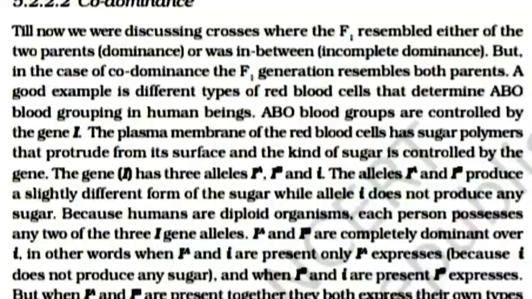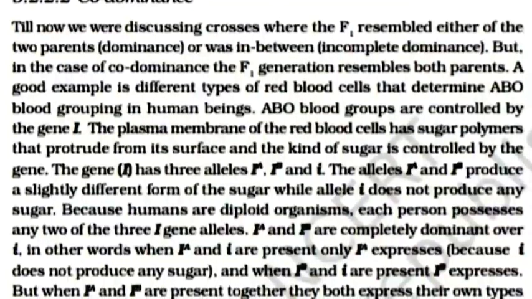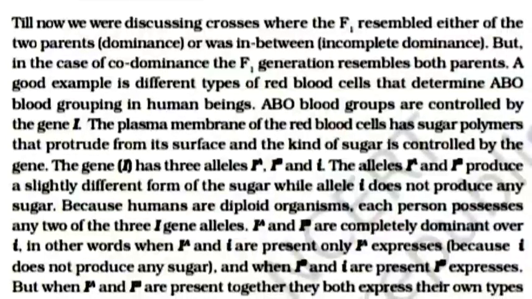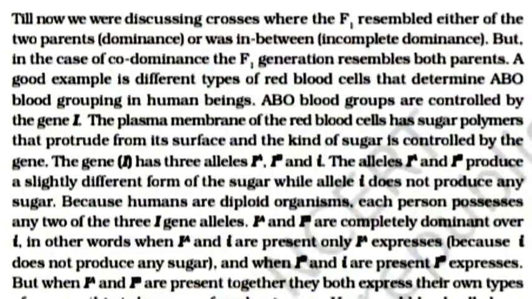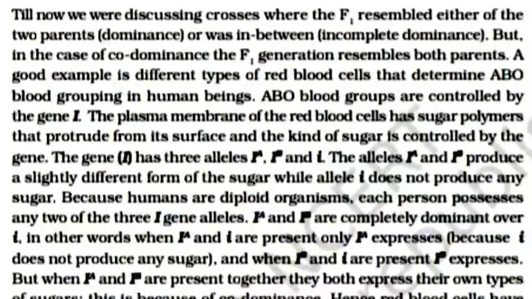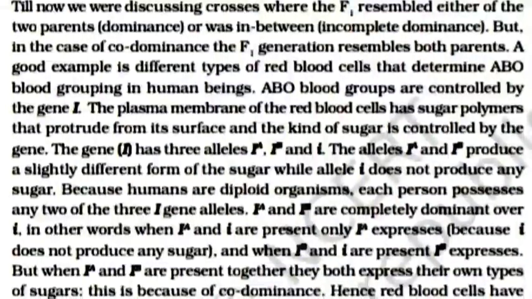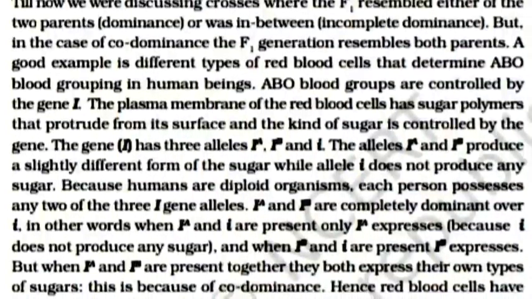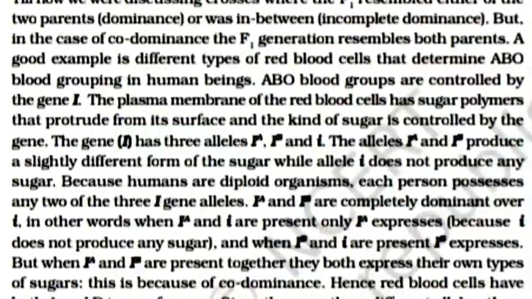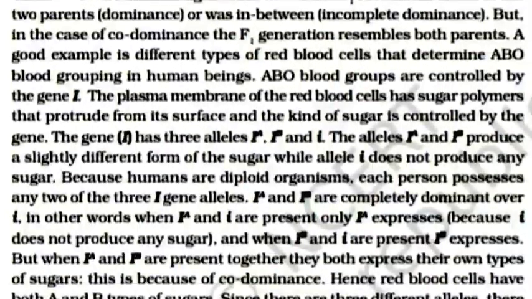The alleles I A and I B produce slightly different forms of sugar, while the allele small i does not produce any sugar. Because humans are diploid organisms, each person possesses any two of the three I gene alleles.